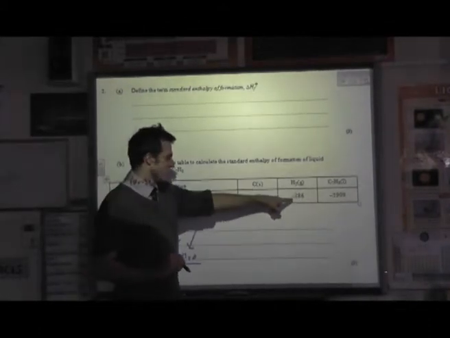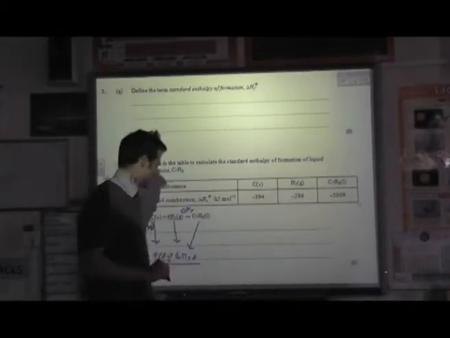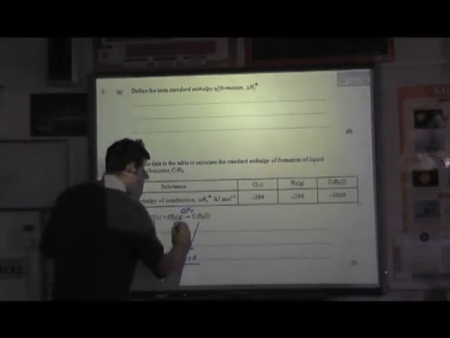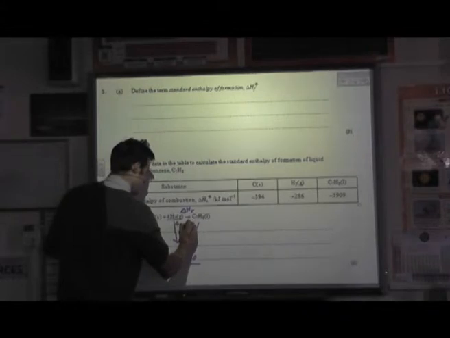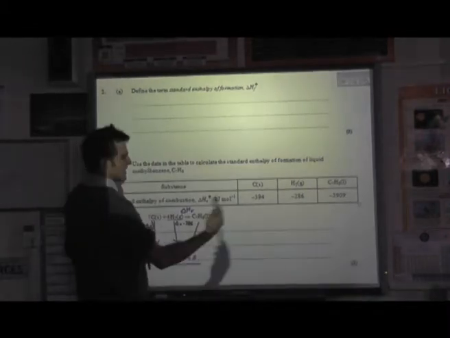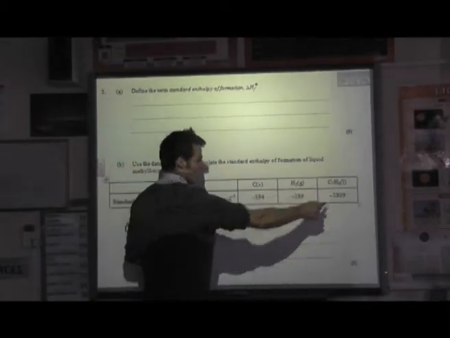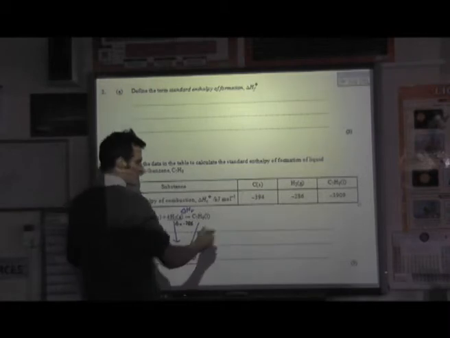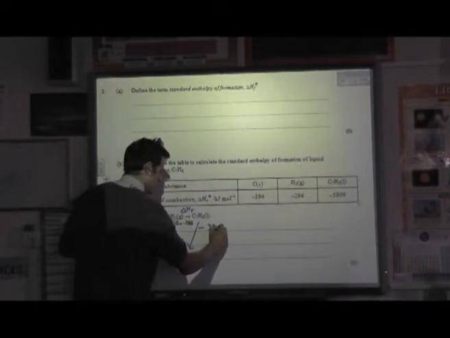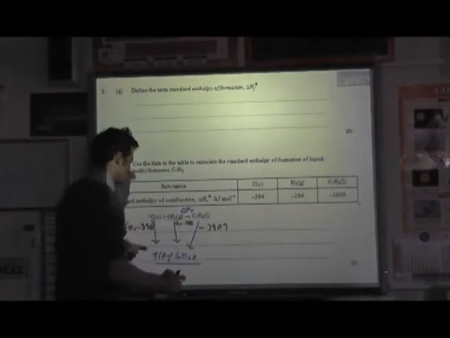So burning 1 mole of hydrogen gets minus 286, and we're going to burn 4 moles, so we need 4 times minus 286. And then we're going to burn this methylbenzene. You burn 1 mole of that, you get minus 3909. It's a big molecule, so you get more. But you're only burning 1 mole, so we're going to use minus 3909. 1 times anything is itself.